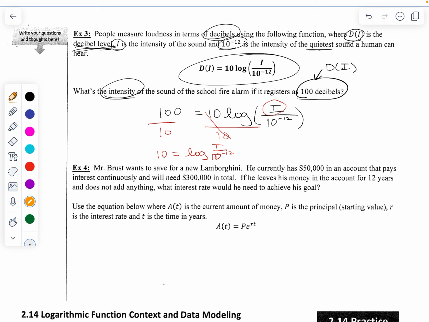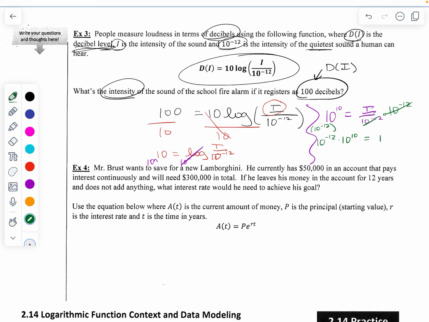So we end up with 10 to the 10, which is right here, equals I over 10 to the negative 12. To get that I by itself, we're going to multiply both sides by 10 to the negative 12. So remember those exponent rules, 10 to the negative 12 times 10 to the 10 means because they have the same base number, we're going to add the exponents.